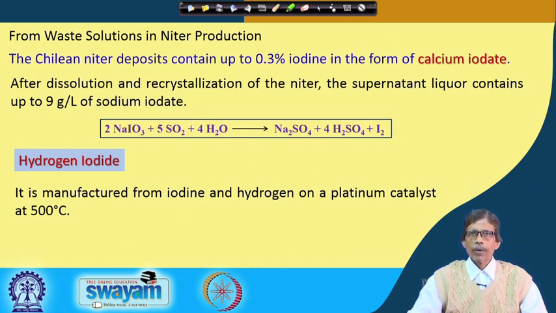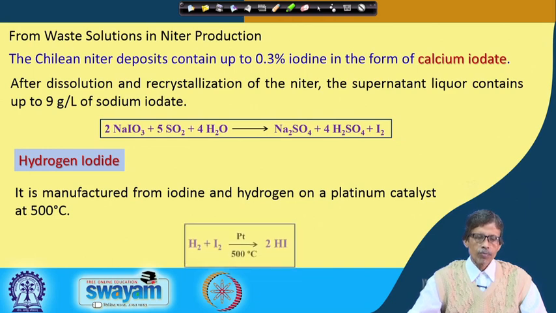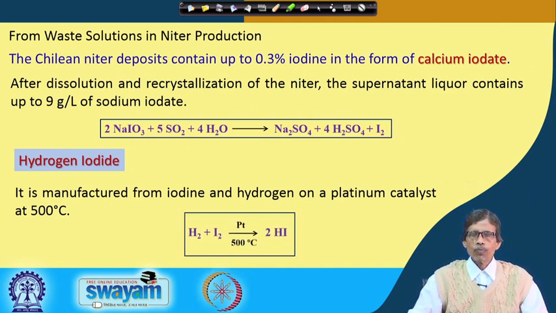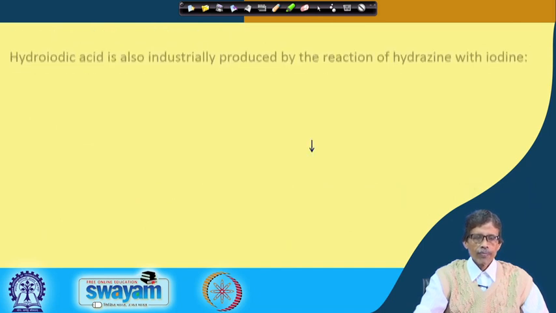You have to have some amount of catalyst, and that catalyst is a free metal based catalyst, a noble metal, platinum. So, this surface is the platinum based catalyst, and on that particular surface you have the direct combination of H2 plus I2, giving you 2HI at 500 degrees centigrade. So, platinum catalyzed direct combination of H2 and I2 is able to give you a huge amount of production of your hydroiodic acid or HI.